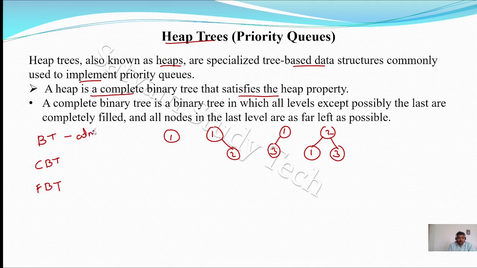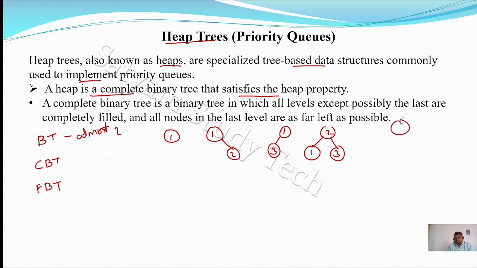Each and every node has at most 2 children, so it is 0 children or 1 child, which may be a right or left child. Here the node has 2 children. So these are all binary trees.